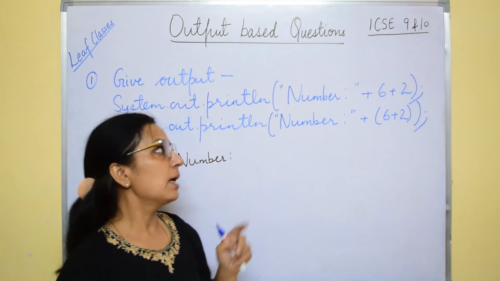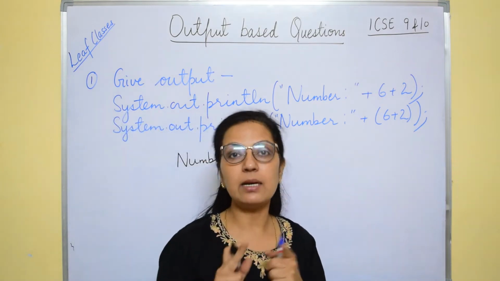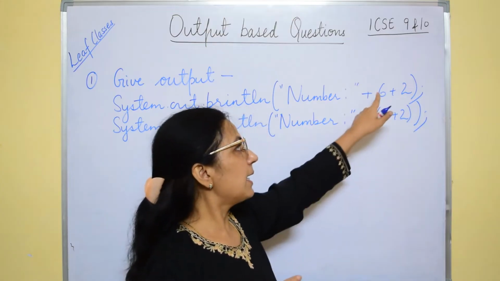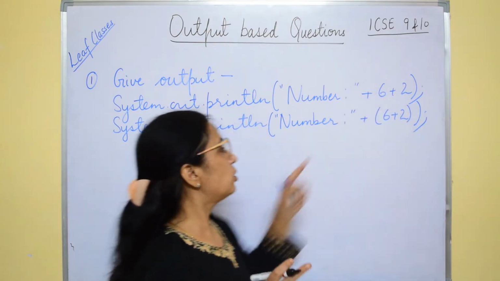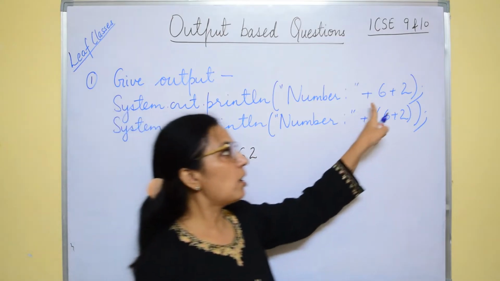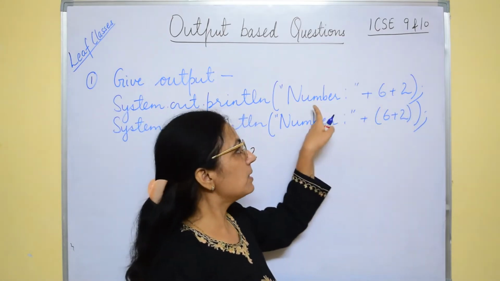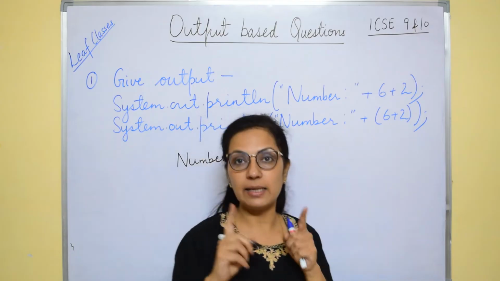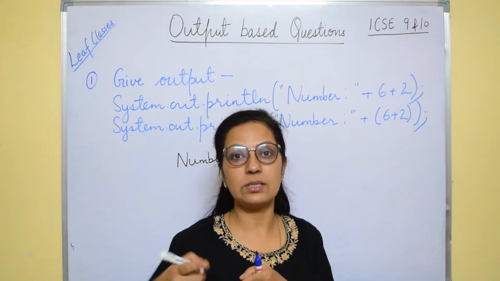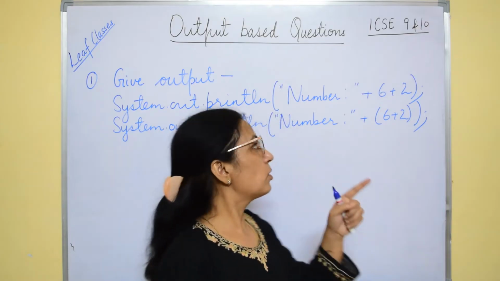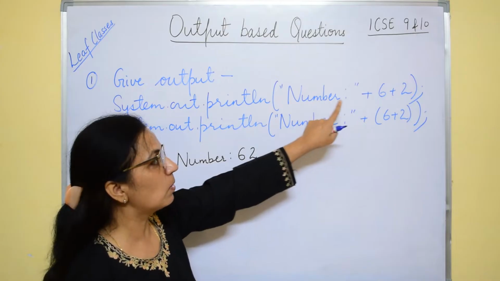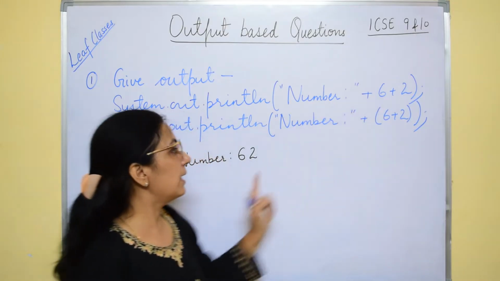Plus is the separator used in the print statement, and here 6 and 2 will be written like this only. They will not be added because in the beginning we started with a string, so the next also will be treated as a string. So the output of the first line will be Number: then 6 and then 2.